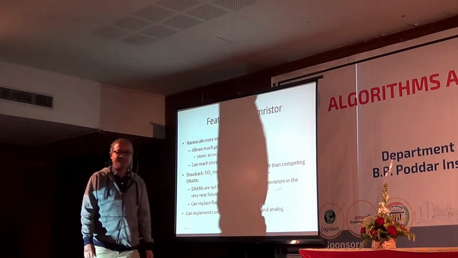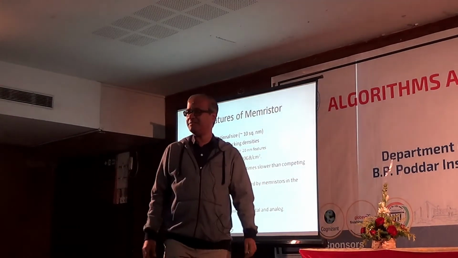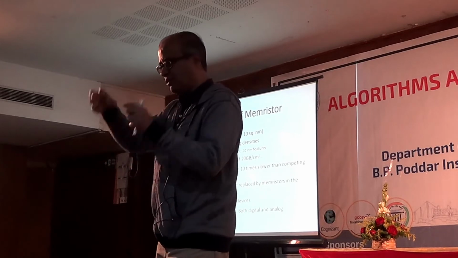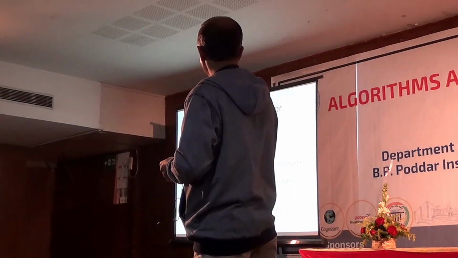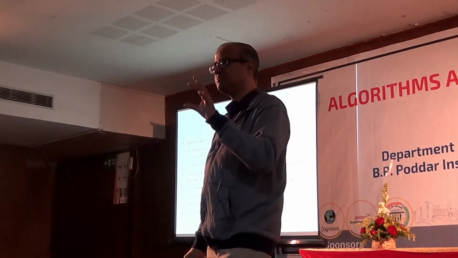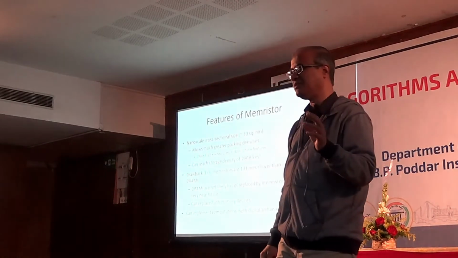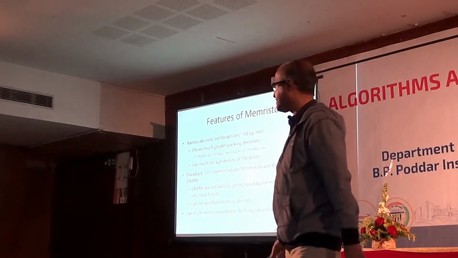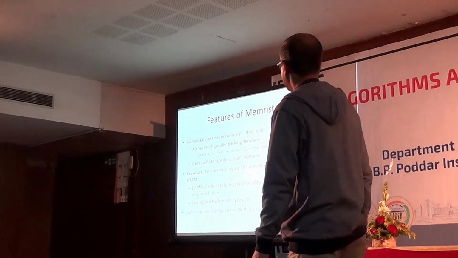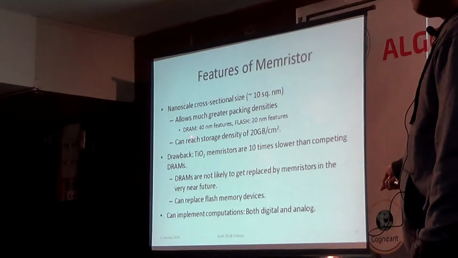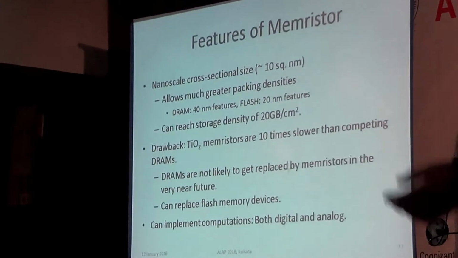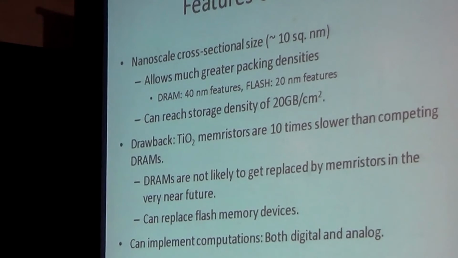Now, some of the interesting features of the memristor is that if I look at the cross-sectional area, it can be as small as 10 square nanometer. The smallest memristor that has been fabricated and reported has a cross-section area of 10 nanometer square. Now, you can compare it to the dynamic memory and the flash devices all of us are carrying, the pen drives.